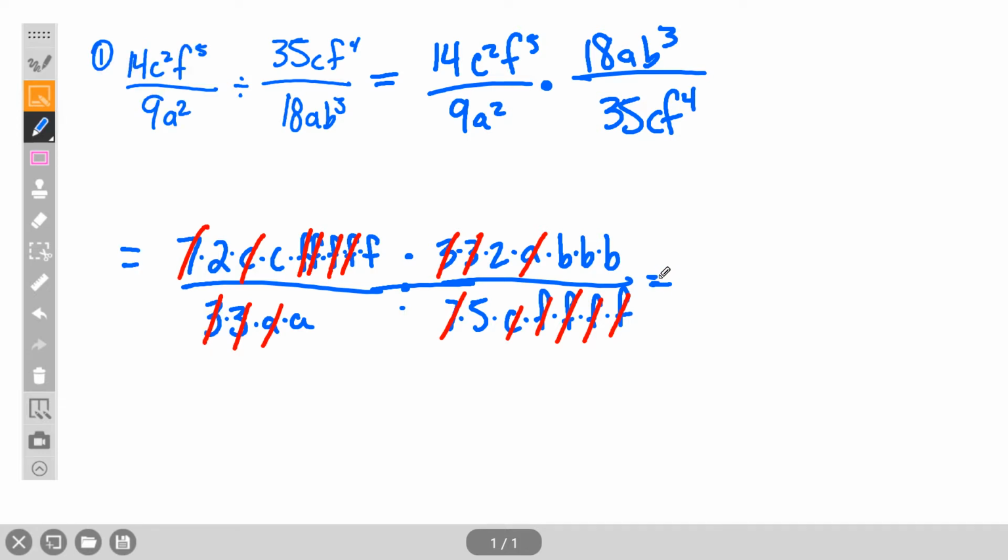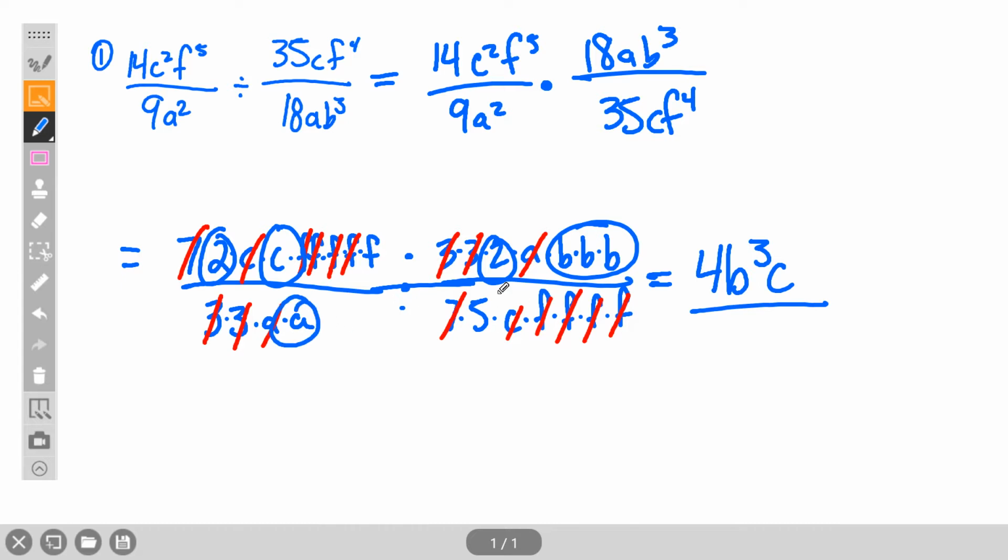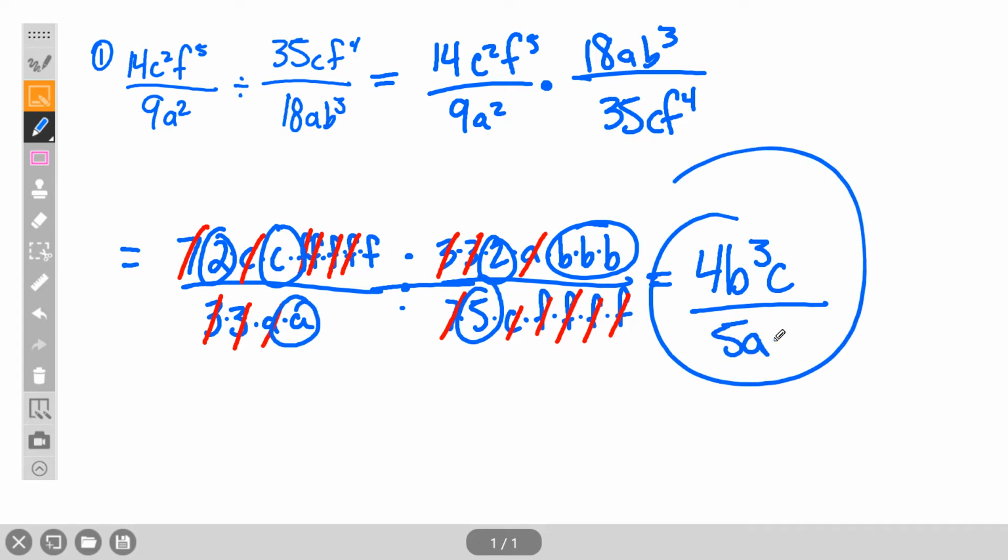So what I have left in the numerator is 2 times 2, which is 4. I have 3 b's, and I have a c. In the denominator, I have a 5 and an a. So this would be my quotient. Okay, that's what you get when you divide here.